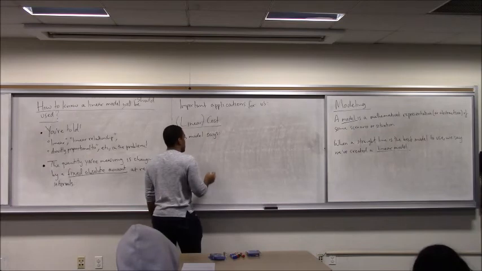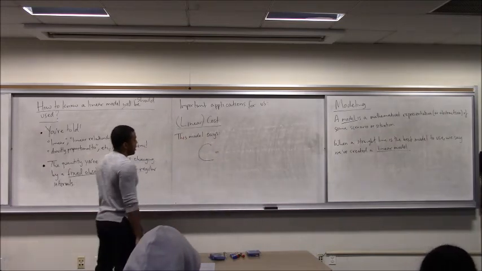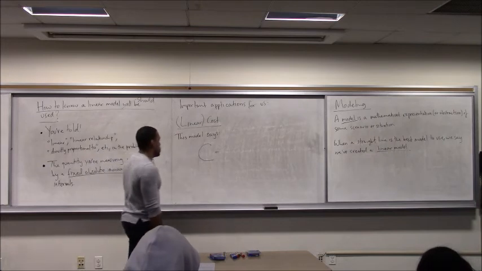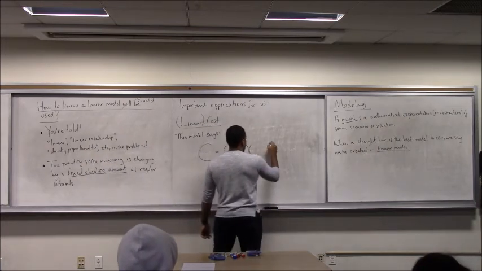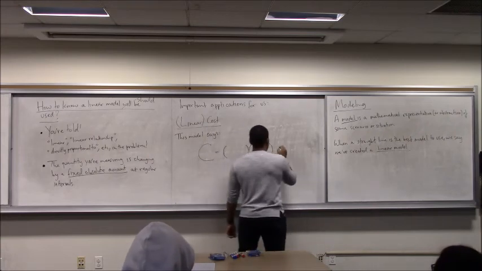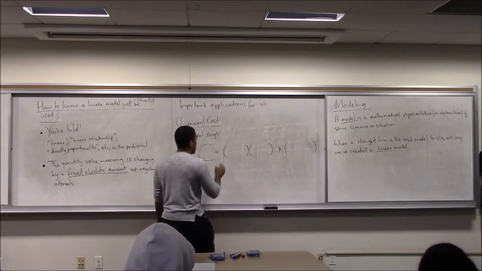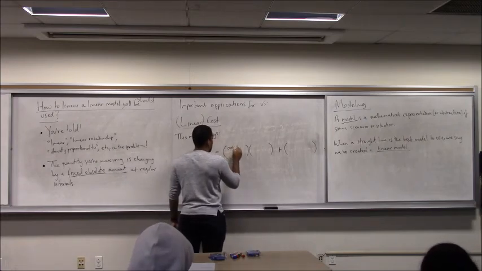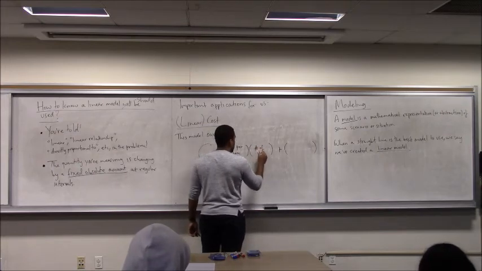This model says your cost is equal to a line. So it's something like cost per item, number of items.